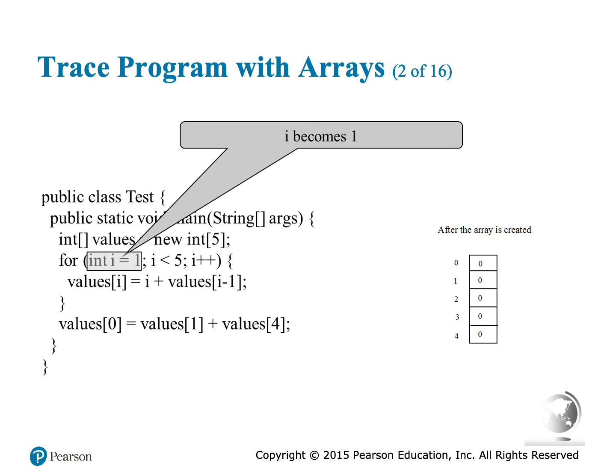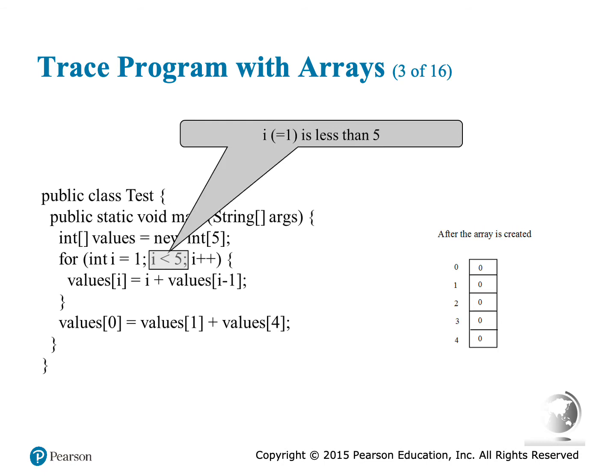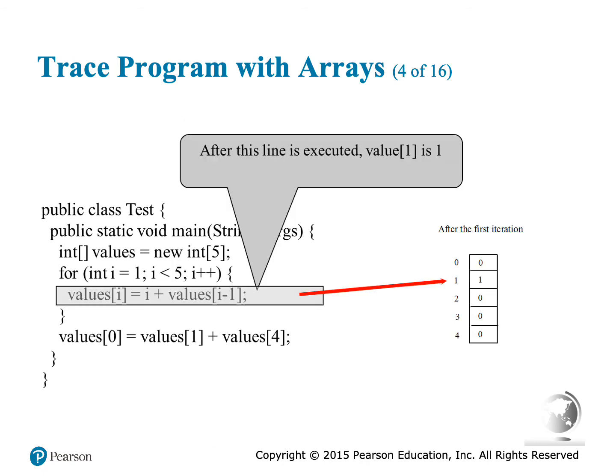We begin the for loop and create an integer variable named i and initialize it to 1. The loop continuation condition evaluates to true, so the loop proceeds. Values sub 1 is assigned the value 1 plus values sub 0, so 1 is stored in values sub 1.